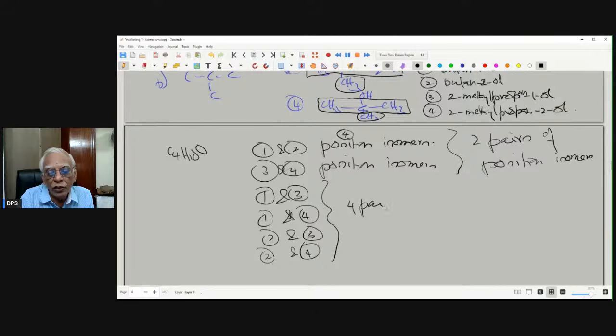They are all 4 pairs; 1 and 3 have got different carbon chains. The moment you have different carbon chains, they are chain isomers. 4 pairs of chain isomers.